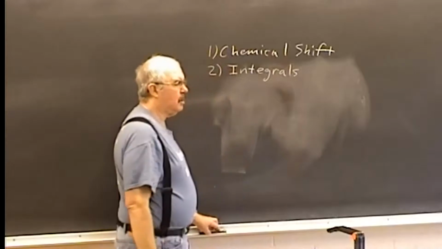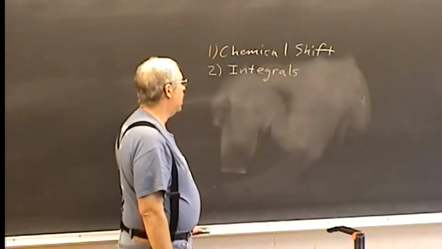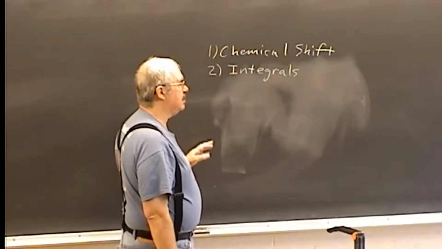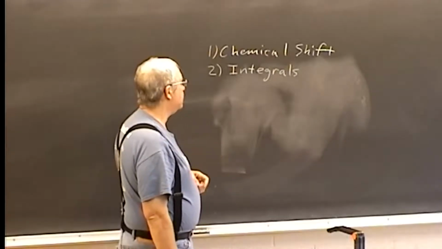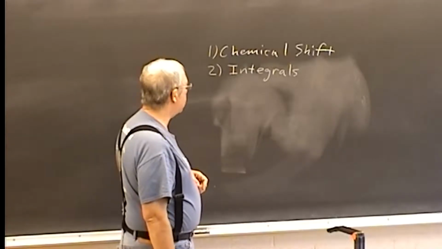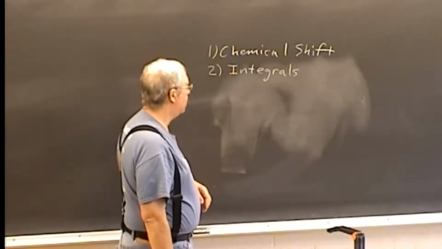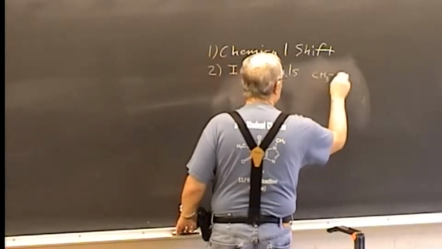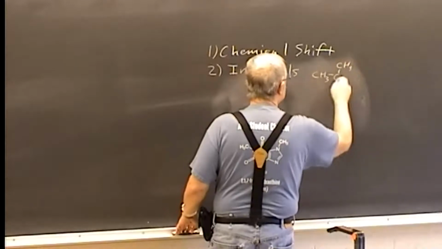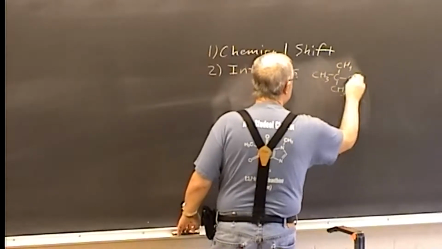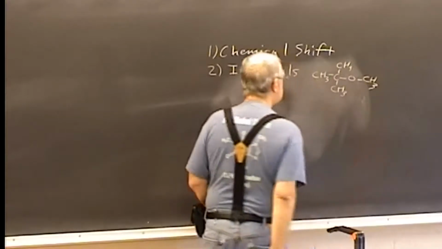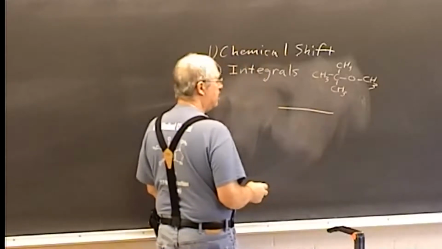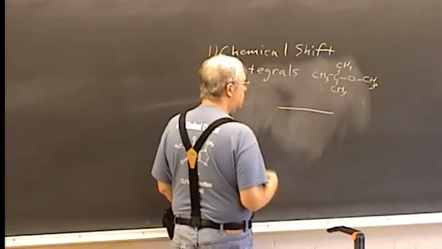The second thing we would look for is integrals, and this is the area under a set of peaks, and this is proportional to the number of protons giving rise to that particular signal. So if we have something like methyl tert-butyl ether, we would expect to see 2 signals.